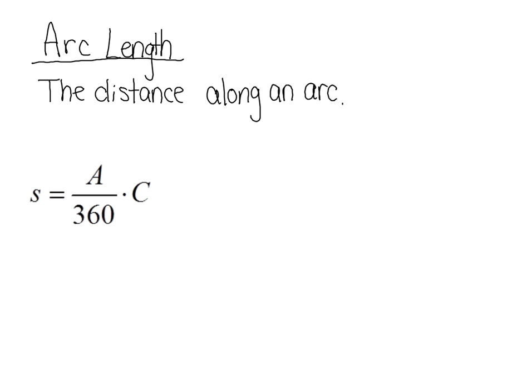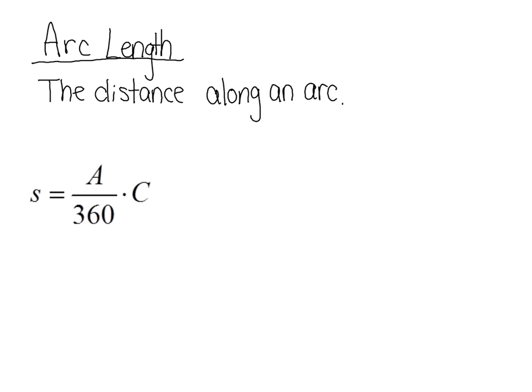Next, we're going to talk about arc length. Arc length is the distance along an arc. So this is if you actually took a measuring tape and measured the distance. Remember, going all the way around a circle, the distance around a circle, we're talking about circumference. So when you're finding the arc length, C is circumference, A is the angle.